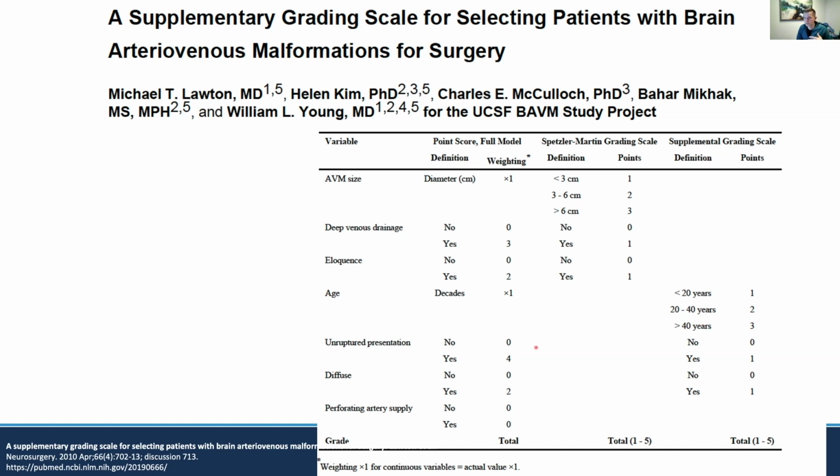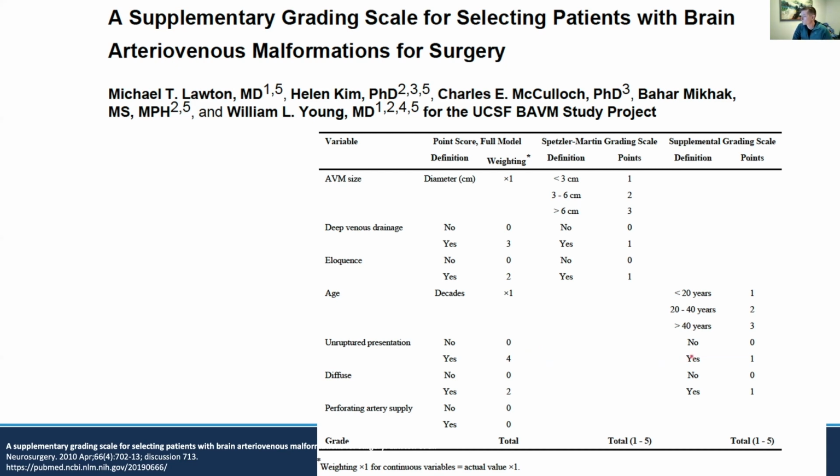The ruptured presentation, you might say, well, how does rupture actually play into risk? And it's a little bit counterintuitive, but if you're ruptured, that's actually a good thing because you've created space and you potentially have some areas of the nidus that are pre-dissected.